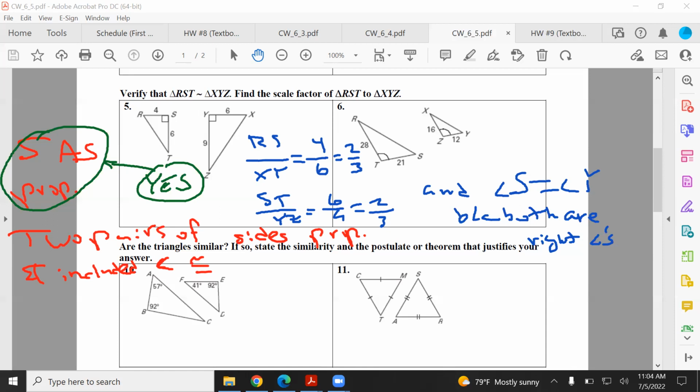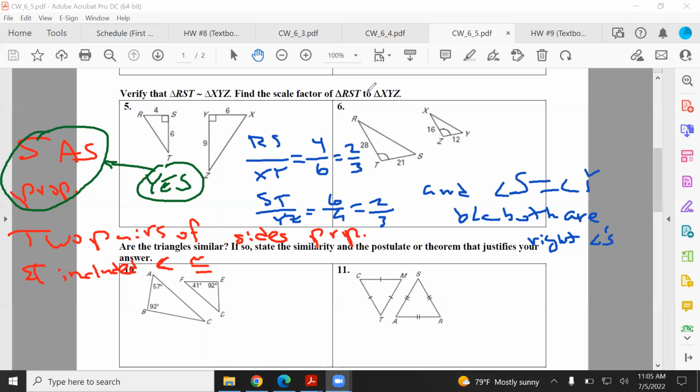And so, yeah, if you're given two sides that are proportional and the angle in between them are equal, you could say these are going to be similar. I mean, if you want to do Pythagorean theorem to solve for these two sides here, go ahead. And you'll find it to be side, side, side proportional. That's just a lot of extra work. I wouldn't do that necessarily, but you could. If you really want to get fancy, you could do trigonometry, which we haven't done.